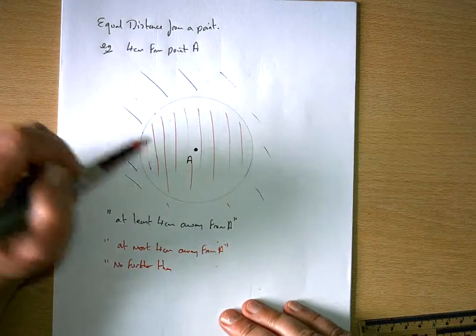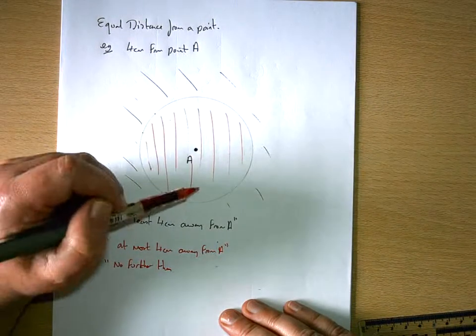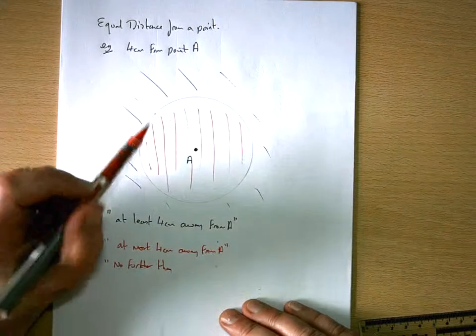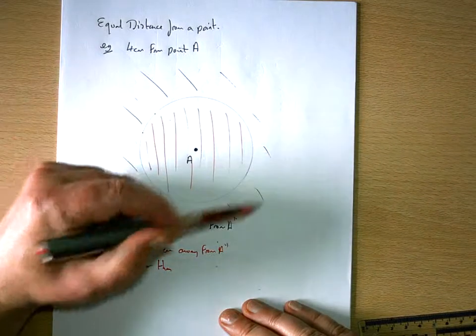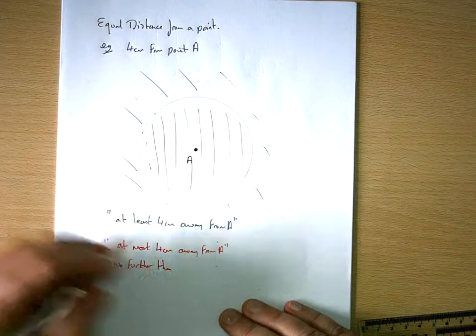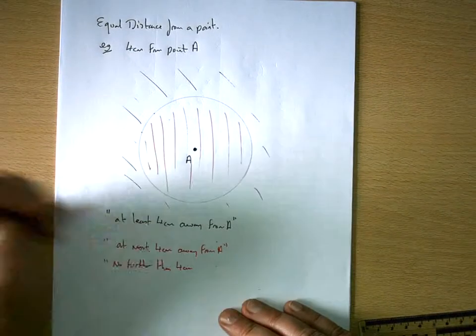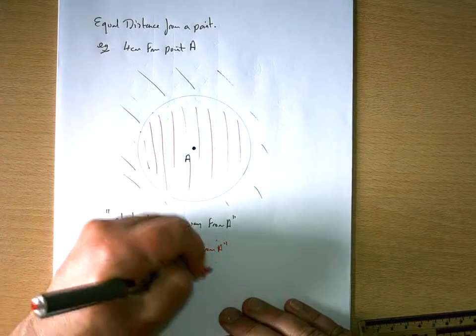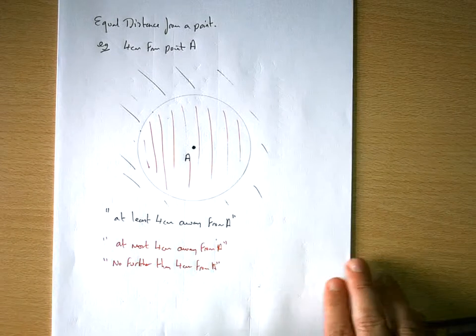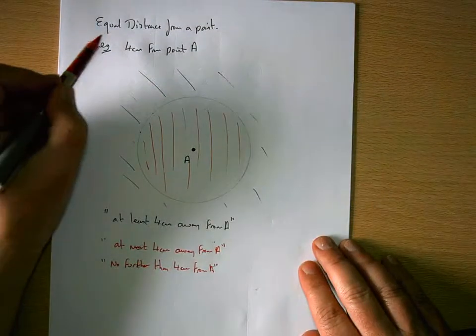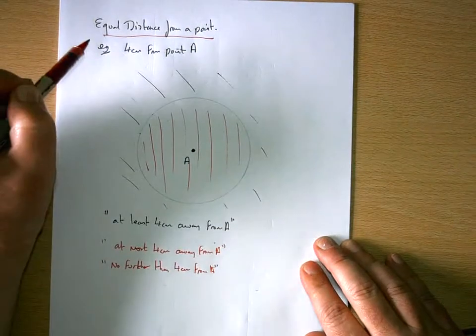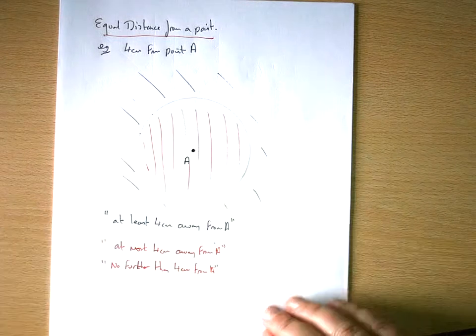So exactly 4 centimeters would be on the circle, at least 4 centimeters would be the black hatching that's outside the circle, and no further than 4 centimeters would be inside the circle. So if you're talking about an equal distance from a point, that's what you do, you draw a circle.